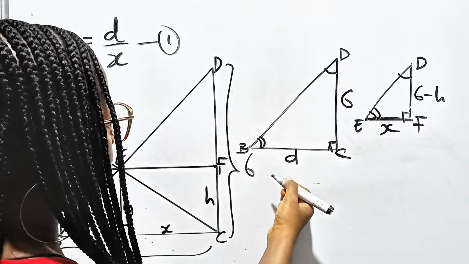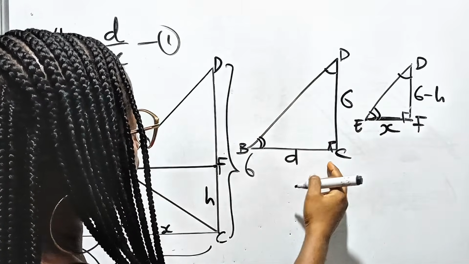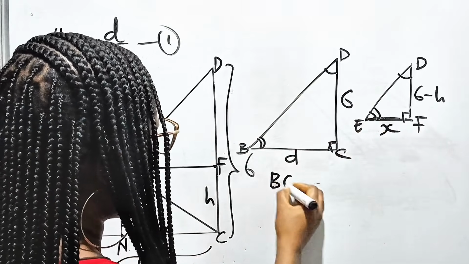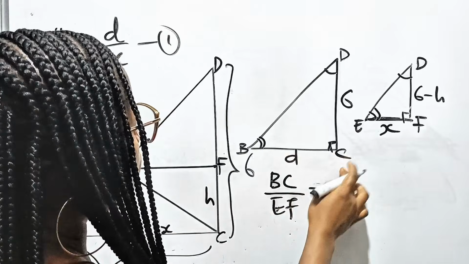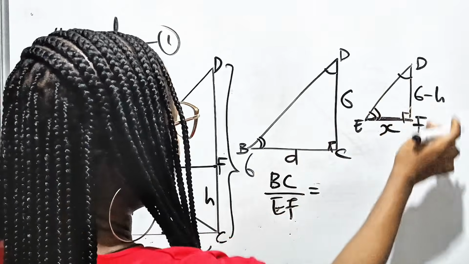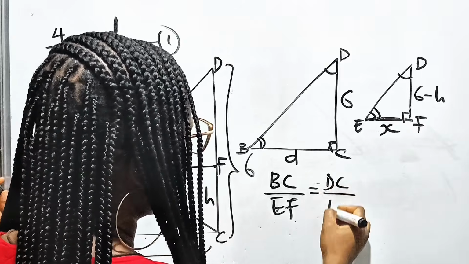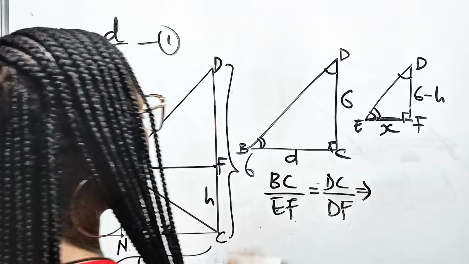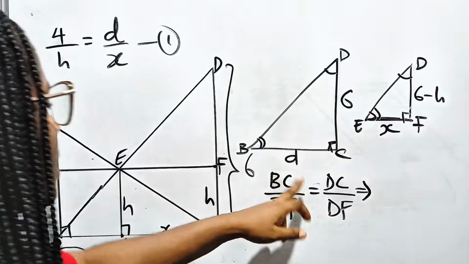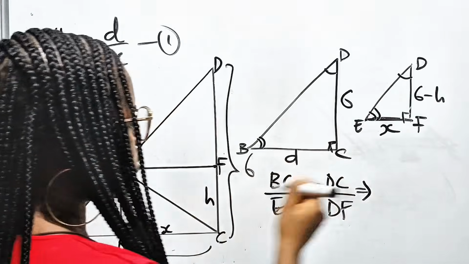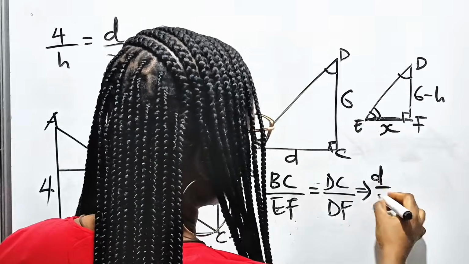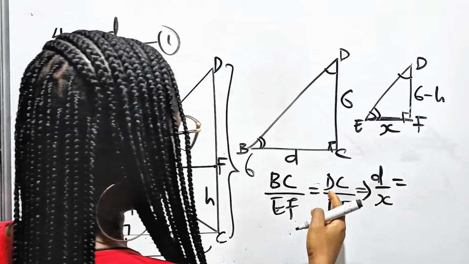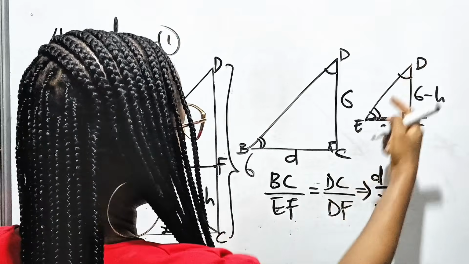Now we can write that BC over EF will be equal to DC over DF. Now this implies that our BC is d, right? Our EF is x, is equal to our DC.